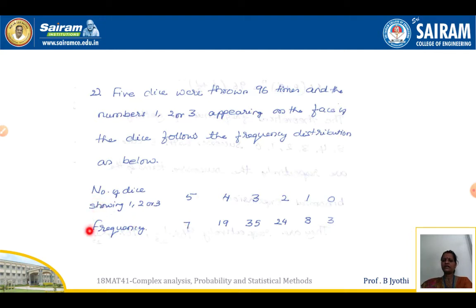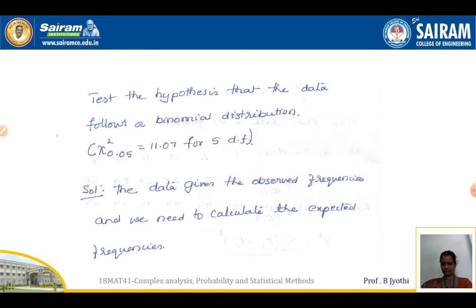The number of dice showing 1, 2 or 3 is 5, 4, 3, 2, 1, 0. The frequencies are 7, 19, 35, 24, 8, 3. These are the frequencies.